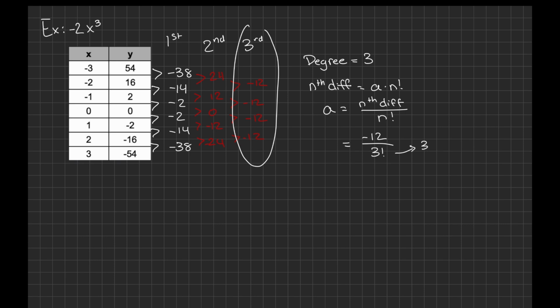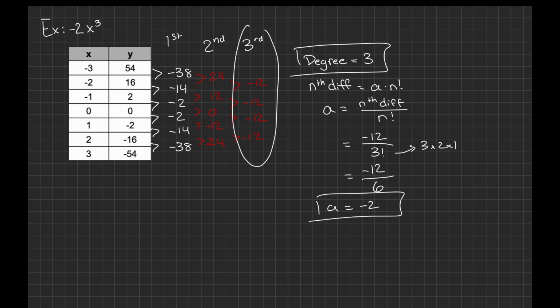And if you don't know, that's just 3 times 2 times 1, which is negative 12 over 6, which gives us negative 2 as our leading coefficient. So just from this table, we were able to determine the degree and the leading coefficient. And if we look back at our original example up here, we can see that's exactly what it was. The degree is 3 and the leading coefficient was negative 2.